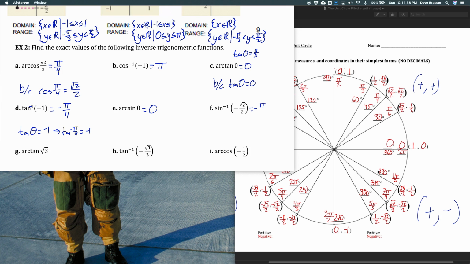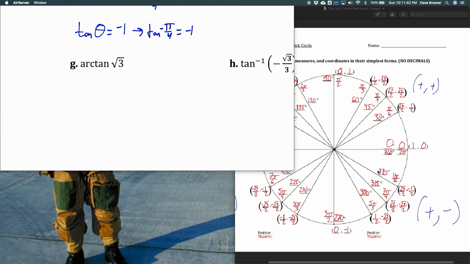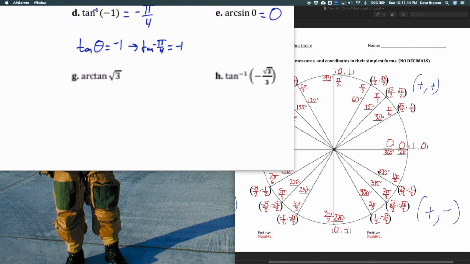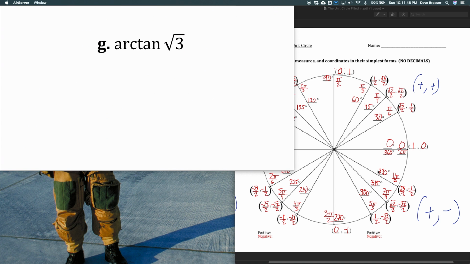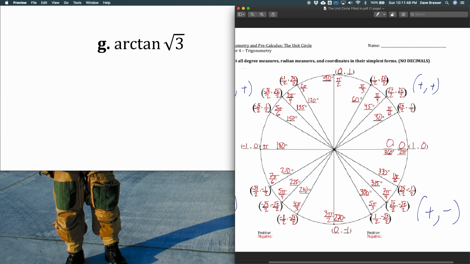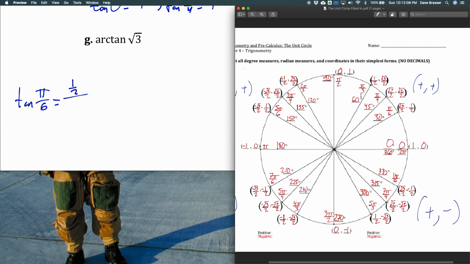Last couple. Arctangent of √3. Now, that one's not as easy to identify, but paying attention to these ones that have a √3 in it, we probably should just go ahead and find the tangents of pi over 6 and pi over 3, and that's going to help us out. So, tangent of pi over 6, we're going to take the y value, 1/2, divided by the x value of √3 over 2.